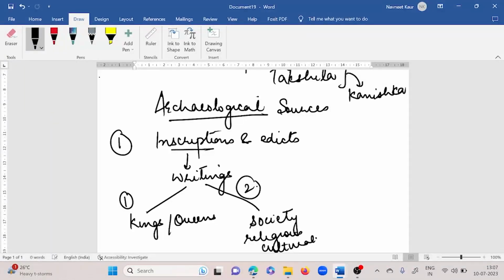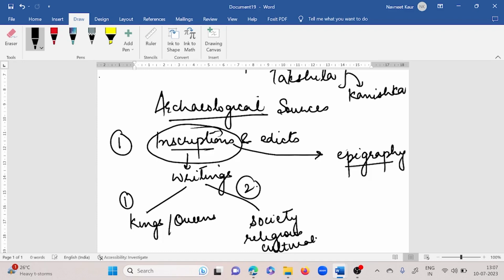And third, we said that these inscriptions are very reliable sources of history because they came to us in the original form. We also discussed that the study of inscriptions is known as epigraphy.